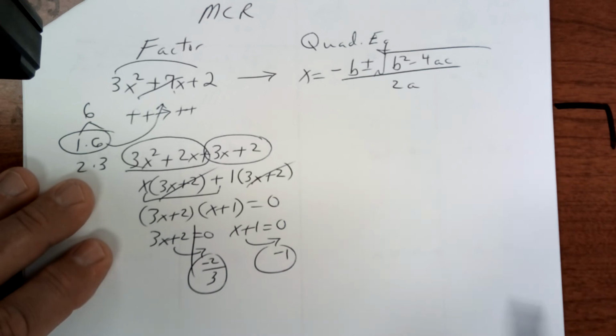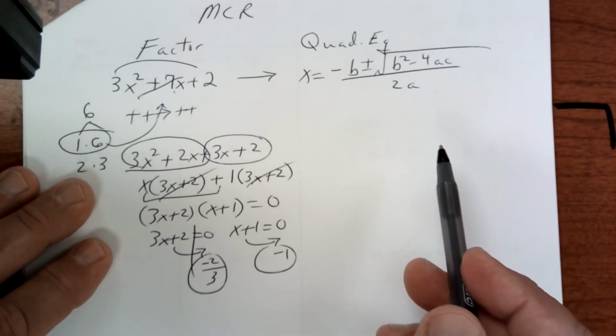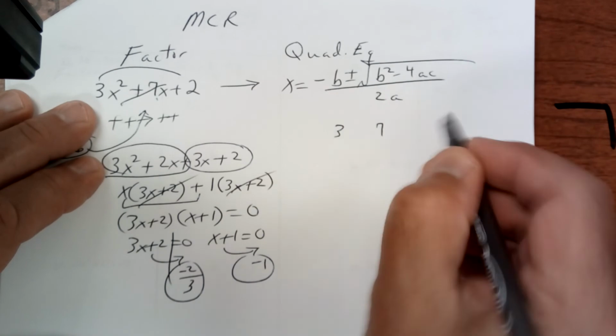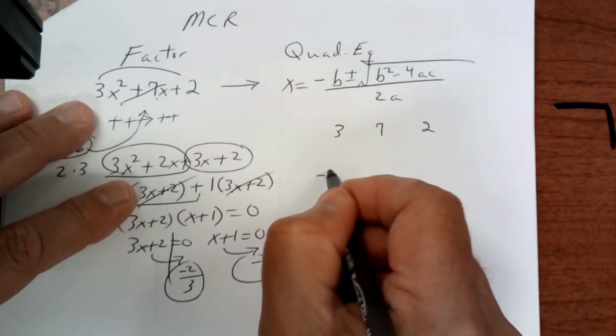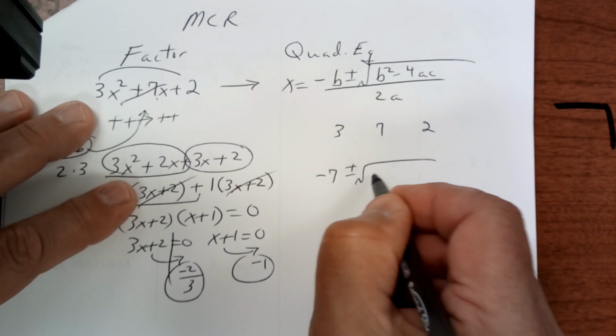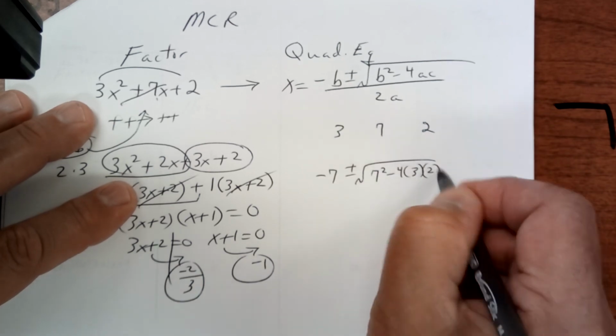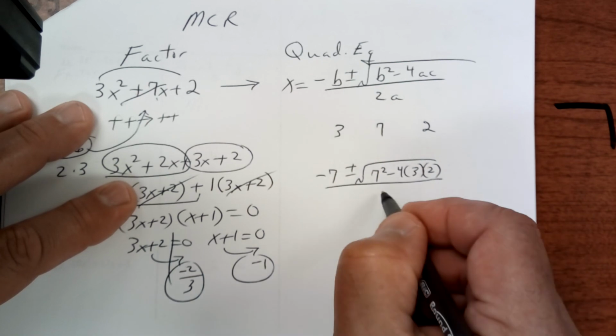So when we use the quadratic equation, we should get the same answers. So A, B, and C. So it's going to be negative B plus or minus the square root of B squared minus 4 times A times C, all divided by 2 times A. Okay?